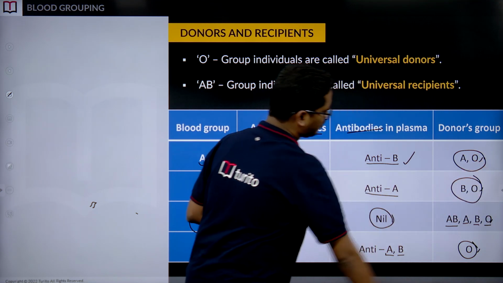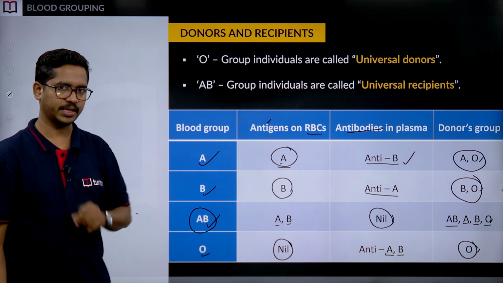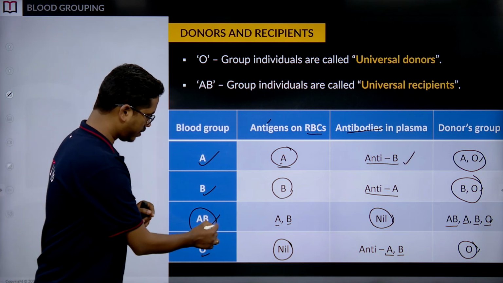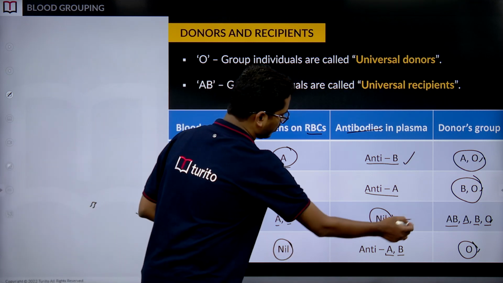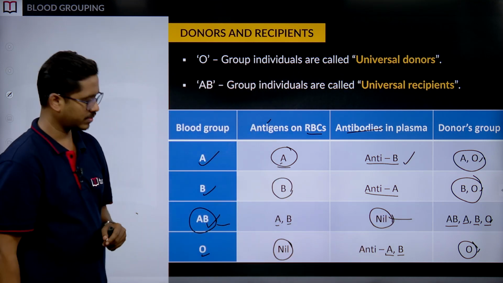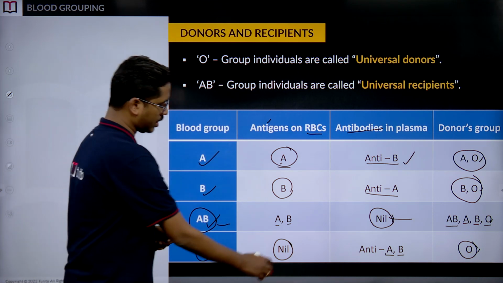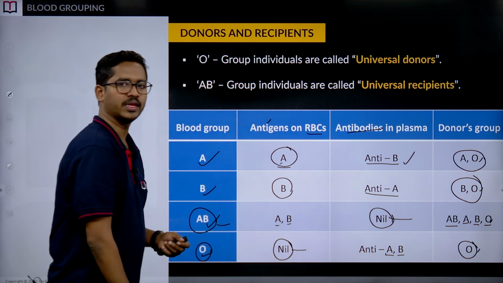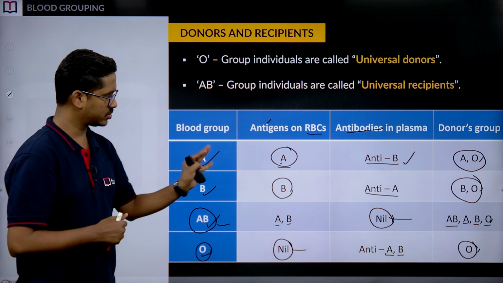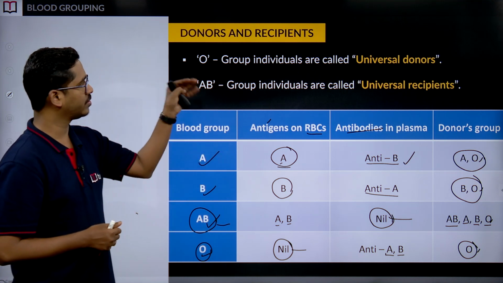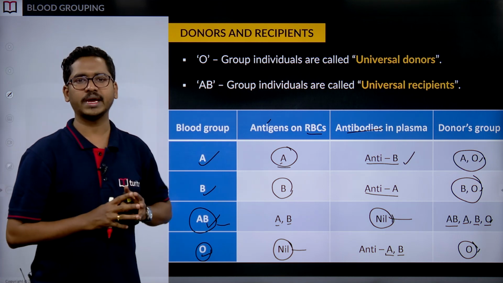What is the problem with O and AB? The individual with AB blood group does not have antibodies in the plasma. The individuals with O blood group do not have antigens on their RBCs, okay. So, this is in short about the universal donors and recipients. Now, please keep this in mind, okay.